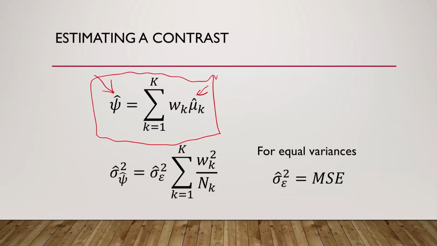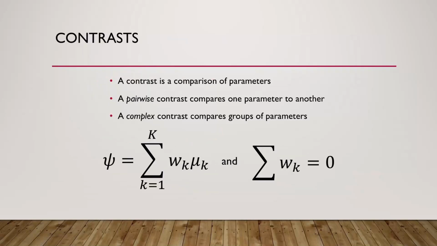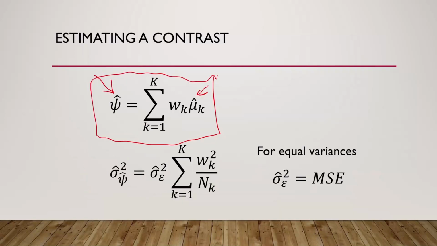So we're going to be using sample means instead of the population parameter means, which we don't have access to. So this is the same formula as what you saw back here, with the exception that we now have hats on top of our parameters, meaning that we are going to replace the parameters with statistics.